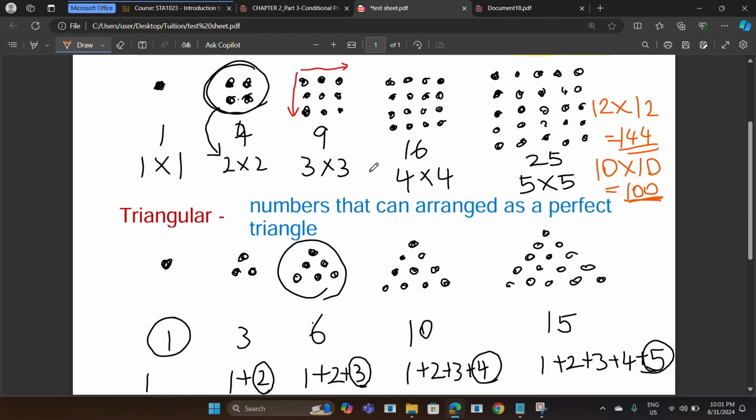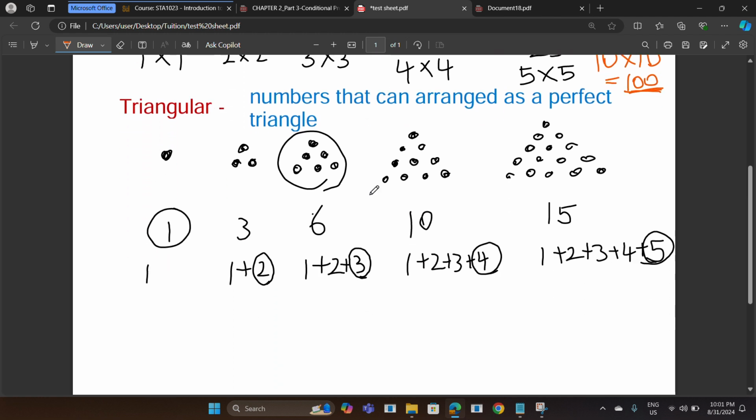In triangular numbers, the question is asking to write the 7th triangular number. So we have to add the numbers up to what number? Up to 7. Very good. We have to add up the numbers up to 7.